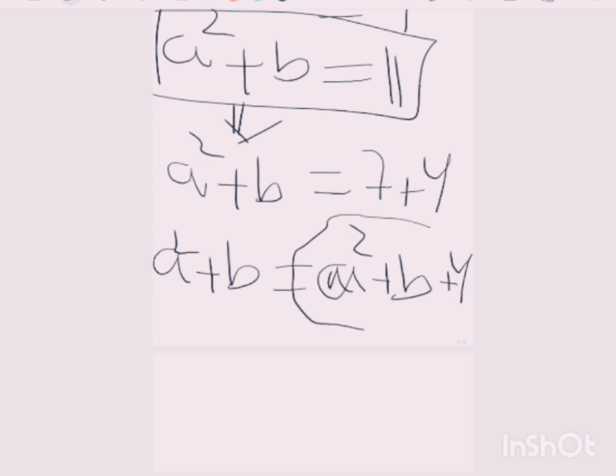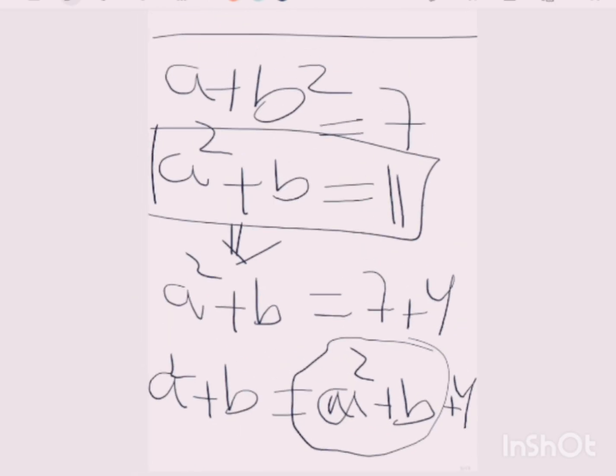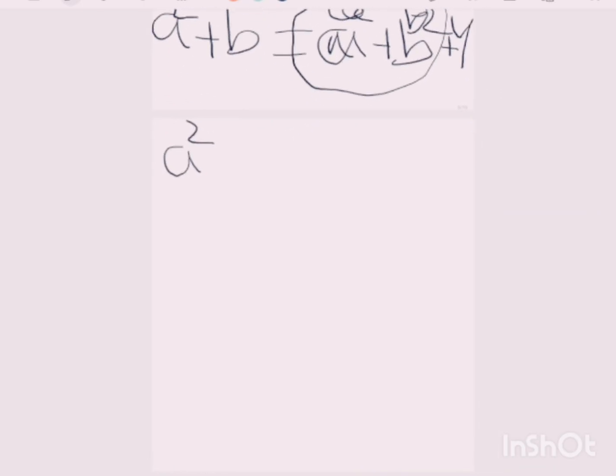Now transposing this to this side, it becomes a² minus b², this is b². So this will become a² − b² + b − a, and this will be equal to 4.